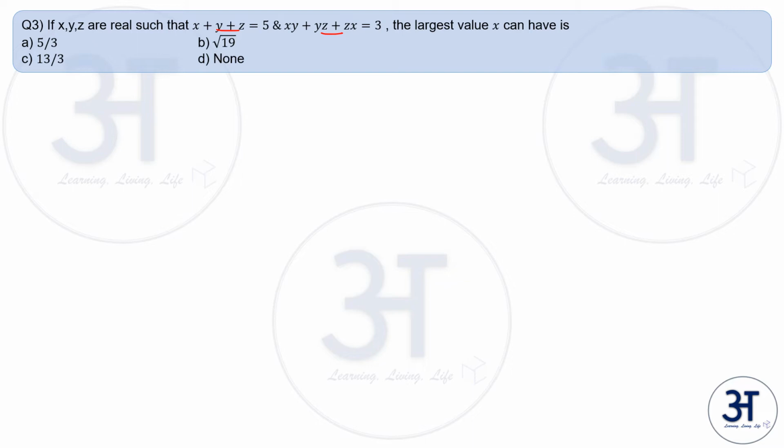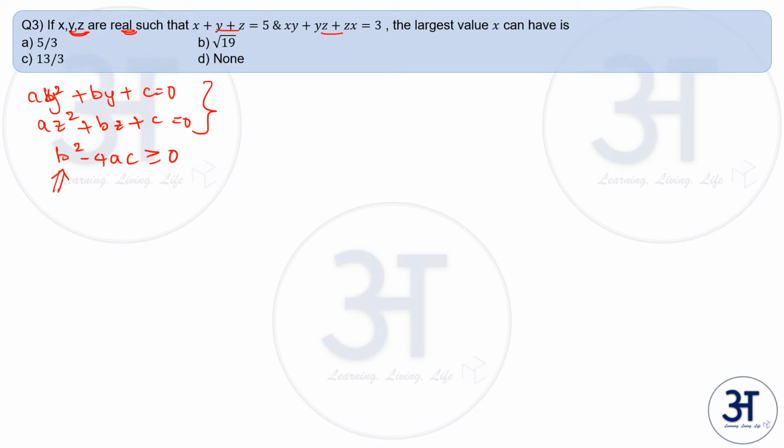One idea to have any information about x is to have an equation of the form ay square plus by plus c equal to 0, or a similar equation in z, az square plus bz plus c equal to 0. After which we know that x, y and z are real, hence b square minus 4ac would be greater than or equal to 0. And we get an inequation purely in x.